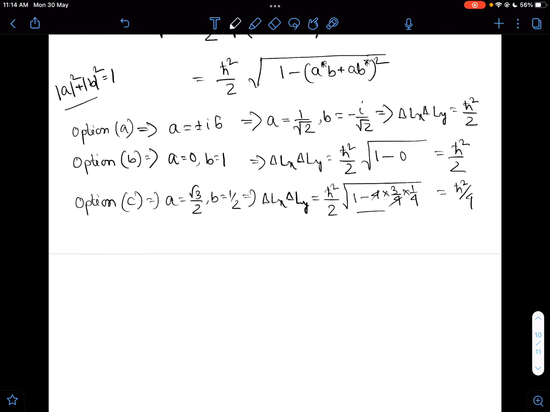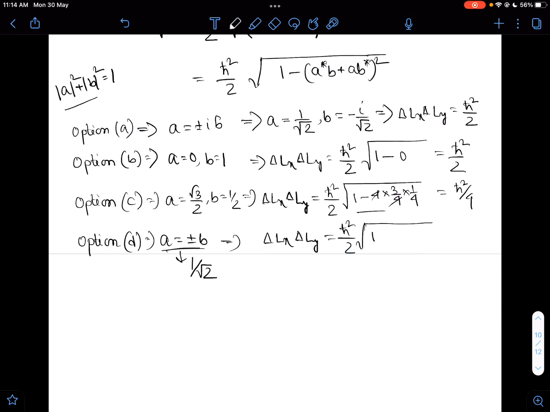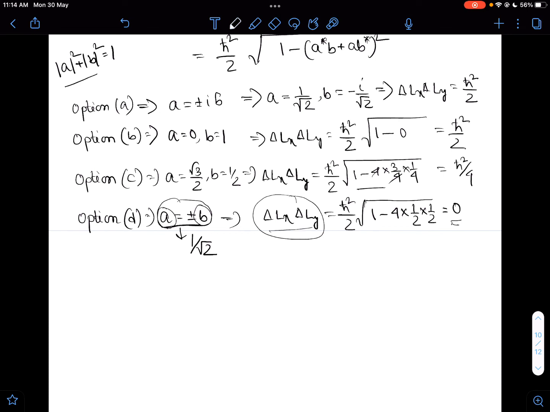And let us do option D. For option D, we have a equal to plus or minus b. For that, ΔLx ΔLy will be ħ²/2 times the square root of (1 minus 4a²b²), and if they are equal, they both have to be 1 by root 2, and this is 0. So if a and b have the same magnitude and they are real, then the product of uncertainty in them is 0.